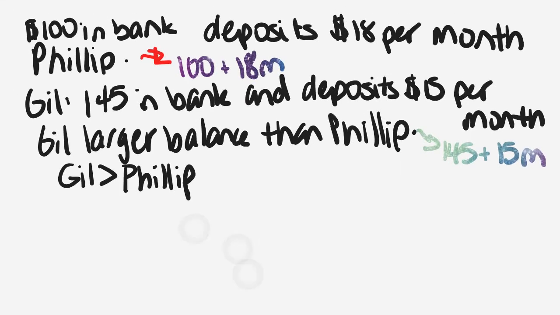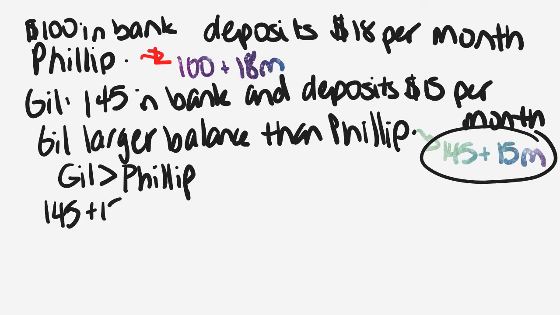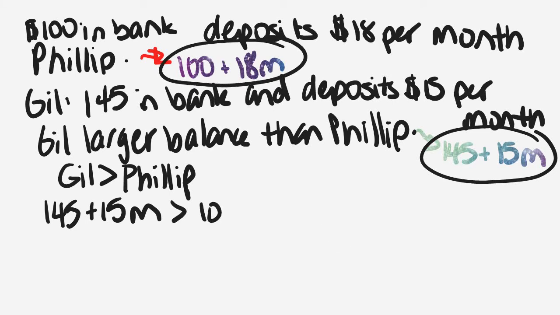For Gil, we have 145 plus 15m greater than Philip. Oh, sorry, wrote the wrong one. So sorry. No, I was right. Gil is this one right here, 145 plus 15m, greater than Philip, which is this one here, which is 100 plus 18m.